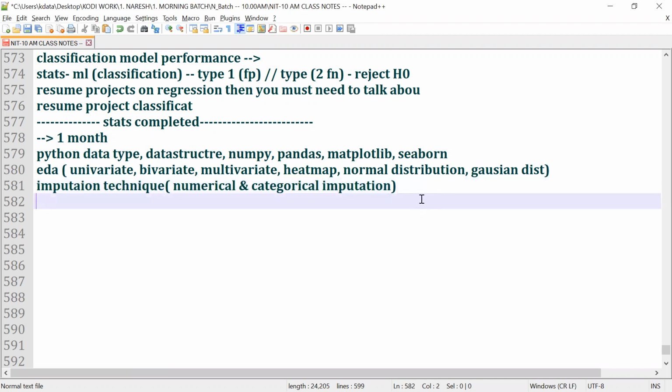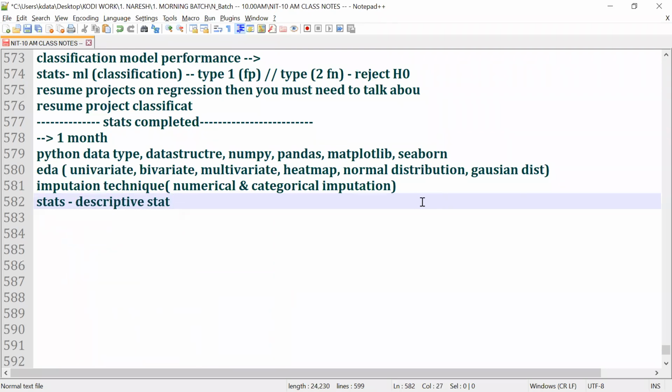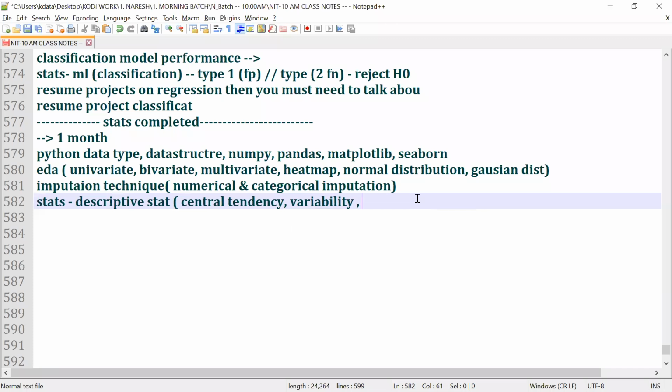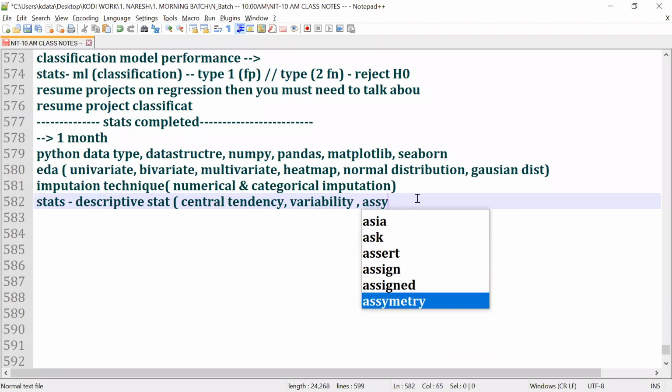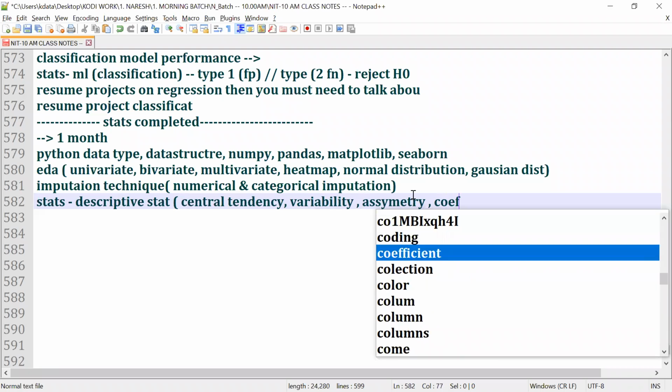The next part is we were introduced to stats. In descriptive statistics, we understand central tendency and variability, asymmetry, and the coefficient of relationship.